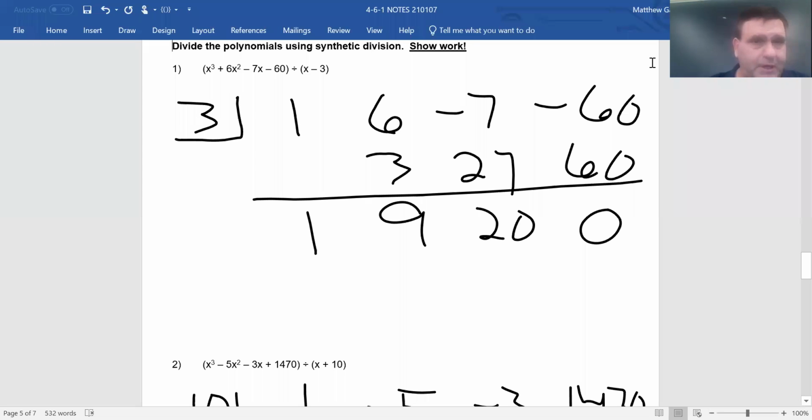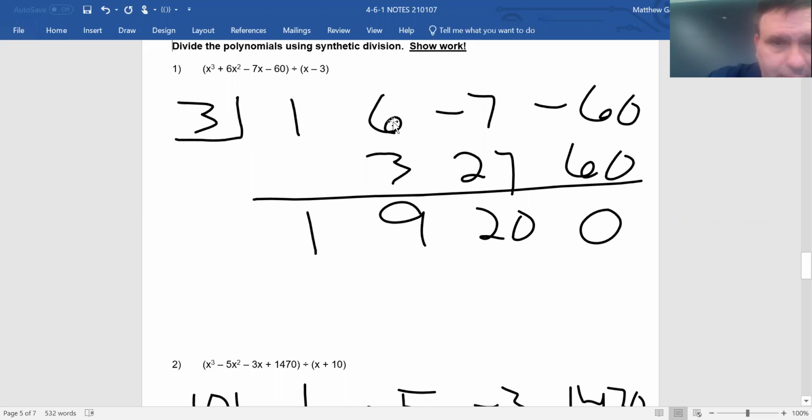Okay, so an example, problem 1. This is what the procedure looks like. I'm just gonna, before I write, the answer should be 1x squared plus 9x plus 20. Okay, so your excluded value is 3. So bring down the 1.